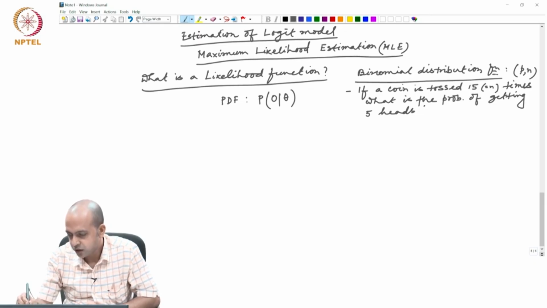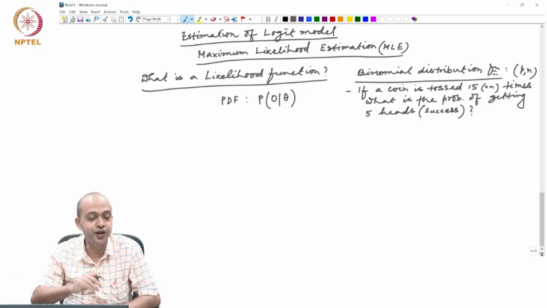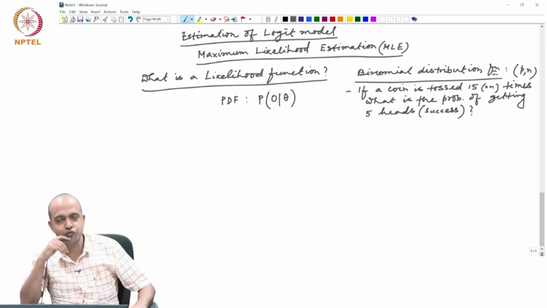Let us say getting a head, we are calling it a success. That you can find out if the probability distribution function is given.